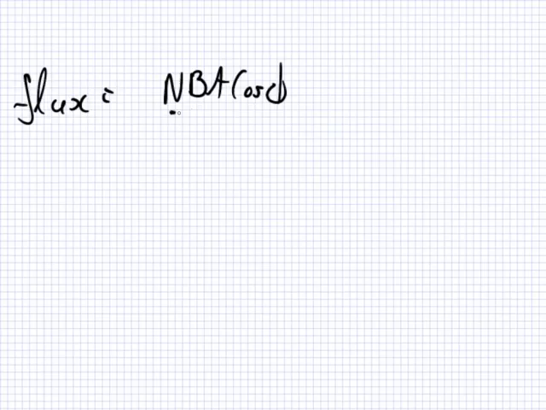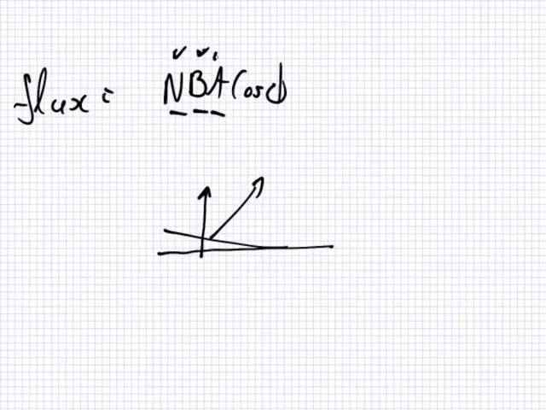So the N, the B, and the A, they don't really change. But this is what you do when it's at an angle. So here, this is at an angle to the field. So my point is, when you start moving things at an angle, the N, the B, the A, they stay the same, but it's the theta that changes.